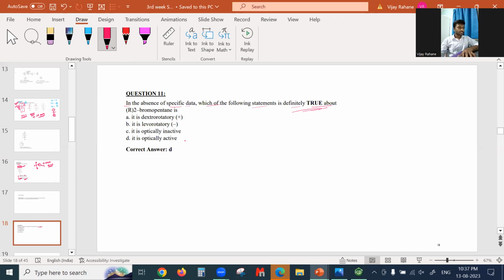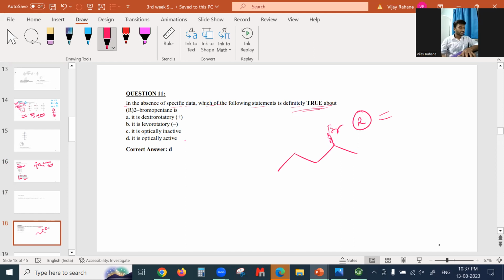So we'll just draw the structure of pentane, 1, 2, 3, 4, 5. So this is the pentane, and at the 2 position a bromine atom is attached, and the configuration for this one is the R configuration, right? So let's say it has any position, but the final configuration will be R.